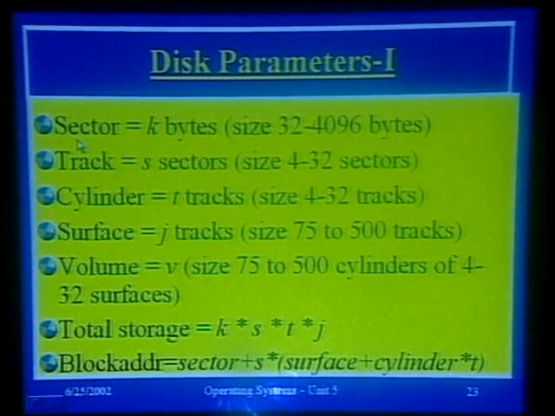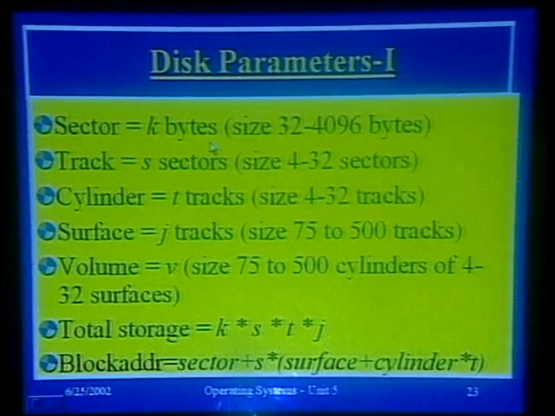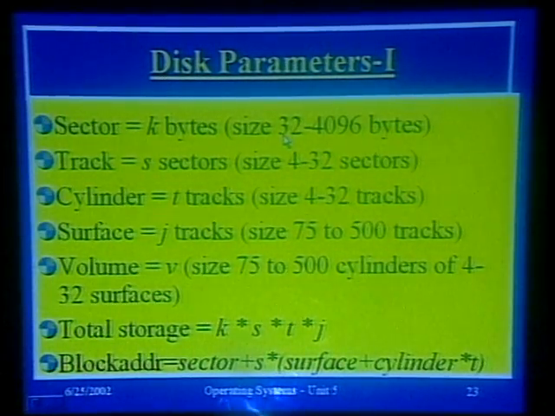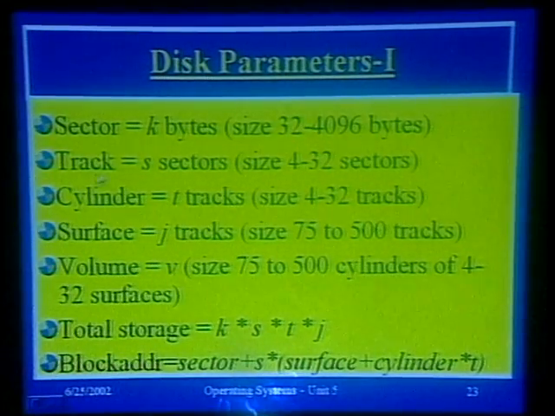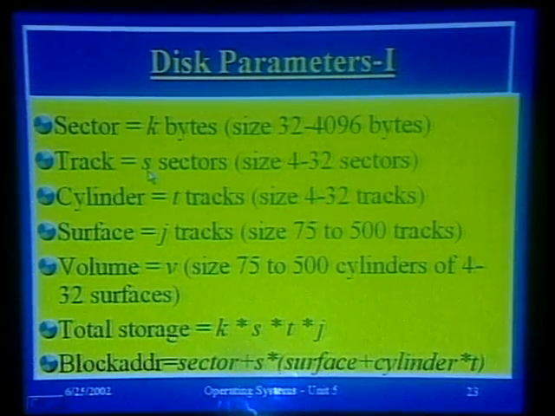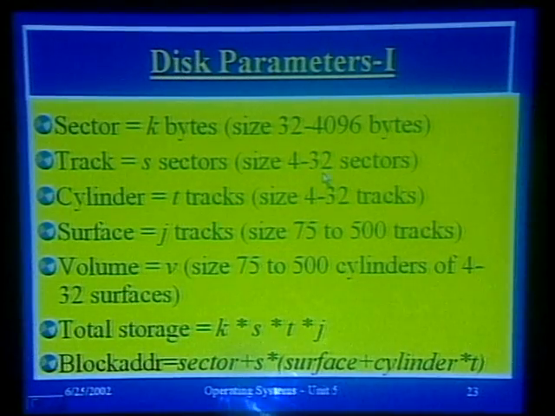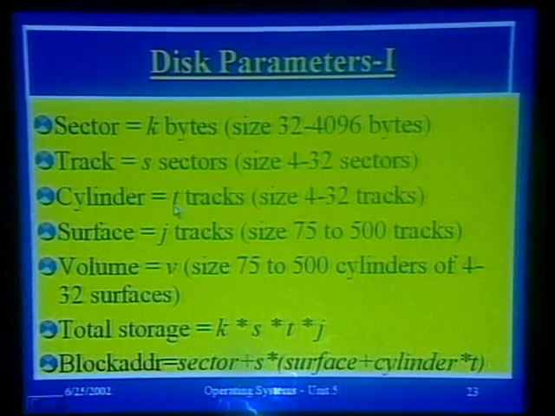We have seen physically how the sector is located, and it is denominated by K bytes, and its size ranges from 32 to 4096 bytes. Then the track is represented by S sectors, and the size ranges from 4 to 32 sectors. Then the cylinder is represented by T tracks, and the size is from 4 to 32 tracks.